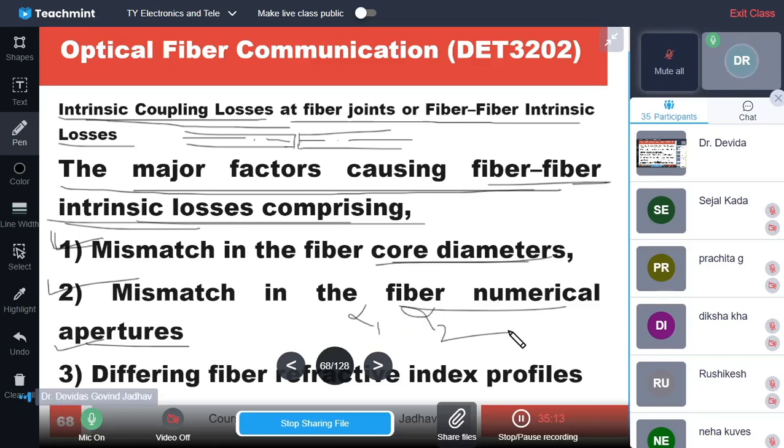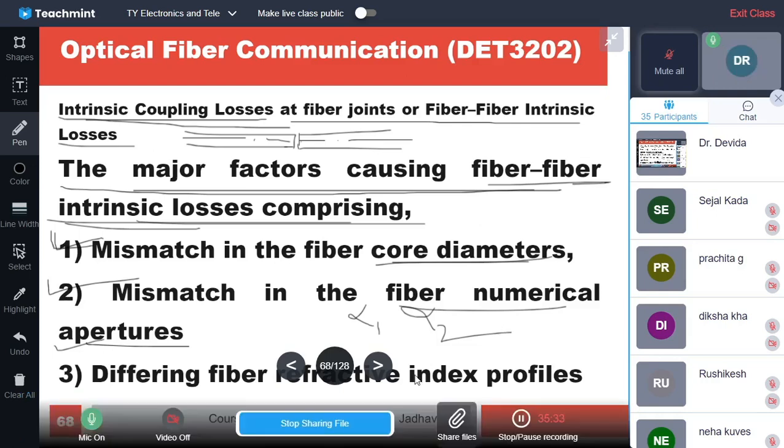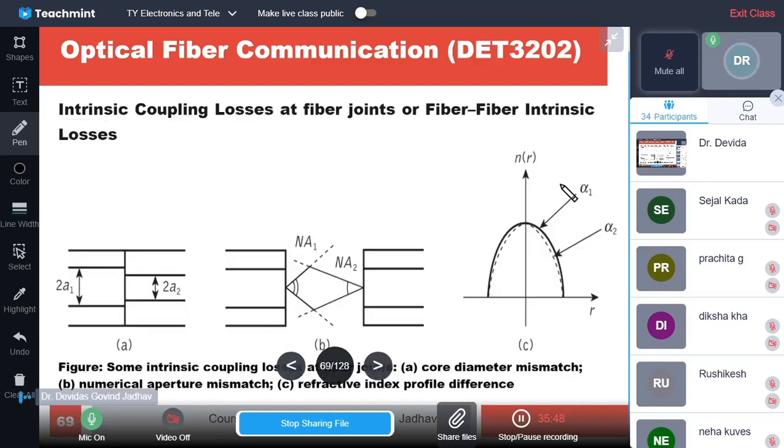We know alpha is the refractive index profile controlling parameter. So alpha can be infinity to make it a step index fiber, alpha can be 1 for triangular, and alpha can be 2 for a parabolic profile, isn't it? So these are the fiber intrinsic losses, and they are caused by the mismatch in core diameter, mismatch in the fiber numerical aperture, and differing refractive index profile. The same is shown in this figure.